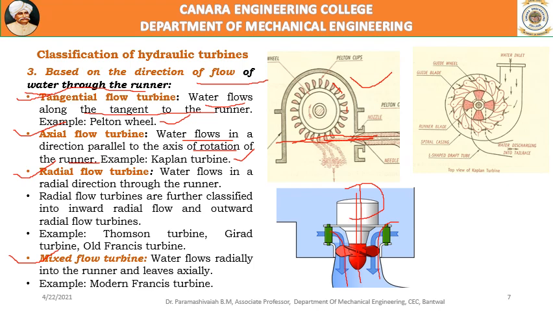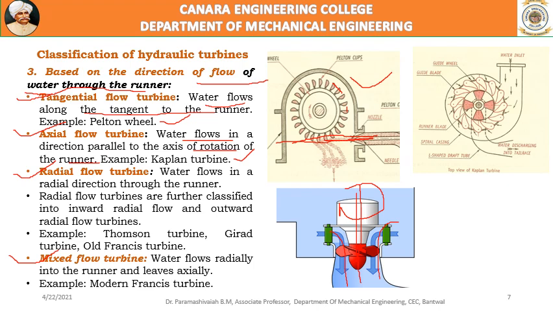Our rotation is in this direction and this is the axis of rotation. The water is flowing in a direction parallel to the axis. So these are turbines wherein the water flows along the direction of the axis of rotation of the rotor. They are called axial flow turbines.